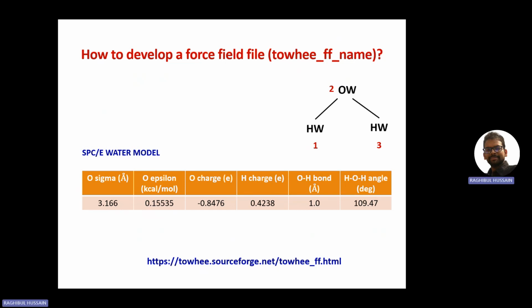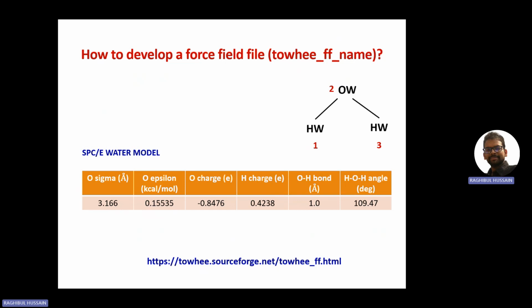This is in kilocalorie per mole. In this force field, hydrogen doesn't have a sigma and epsilon. This is 0. In the SPCE water model, only oxygen has sigma and epsilon, but hydrogen doesn't. In different models, we can have a sigma and epsilon value for hydrogen. Right? This is the charge on the oxygen atom.